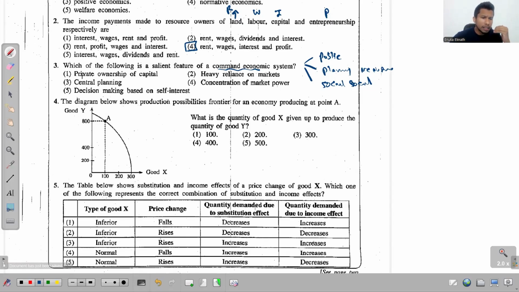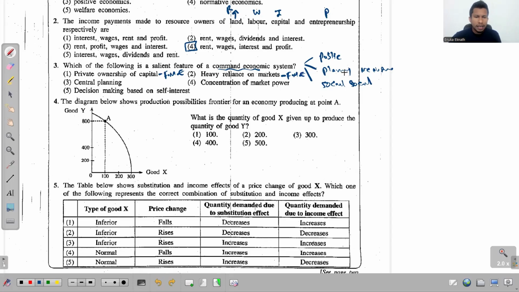Right. We'll read the given options. The first one, private ownership of capital. See, this is a salient feature in free market economies. Second one, heavy reliance on markets. Once again, this is a characteristic in free market economy. The third one, central planning.